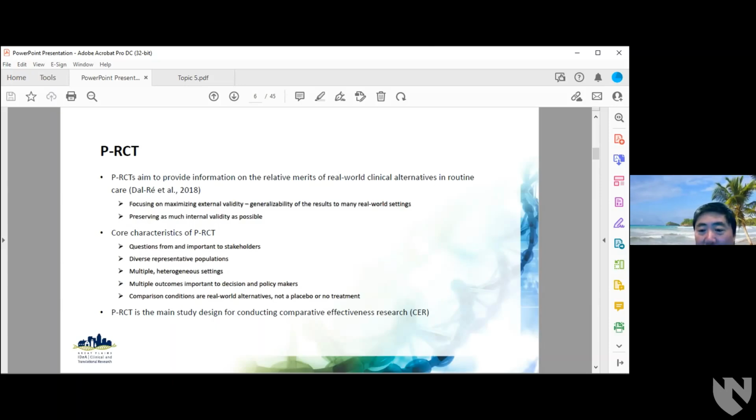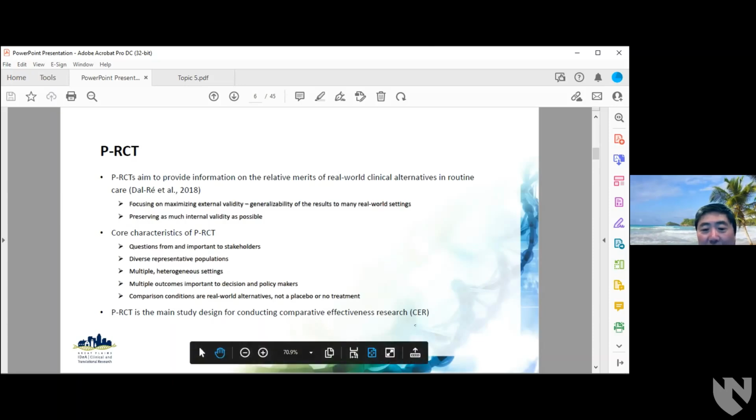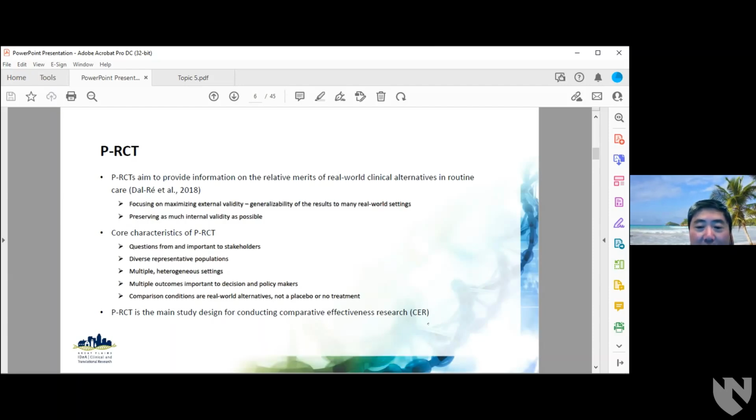Maybe it's easier to implement, it can be accessed by more people, or maybe it's cheaper but still has an acceptable effect. So nowadays, comparative effectiveness research, CER, has over the last couple of years become a buzzword in many new areas of research.